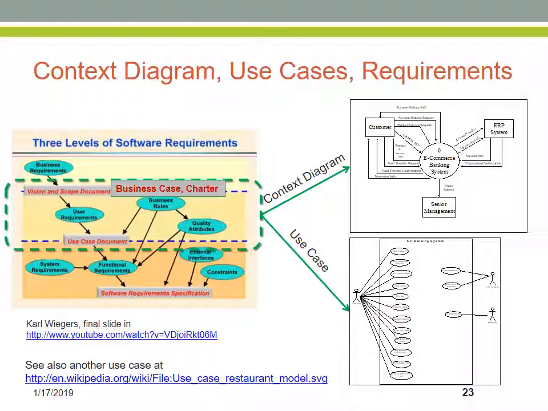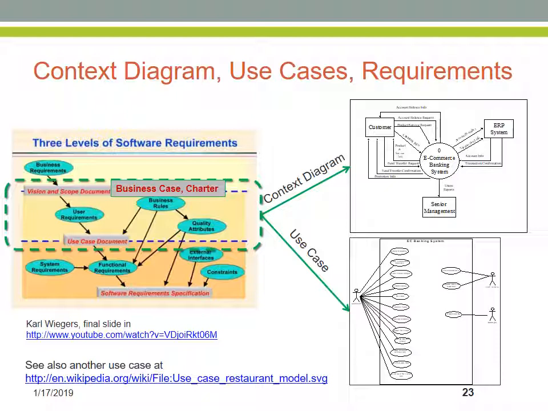The context diagram shows us here, for example, with an e-commerce banking system, the data flow and the ways in which information goes from one module or from one external system to the actual system that we are supposed to be delivering.